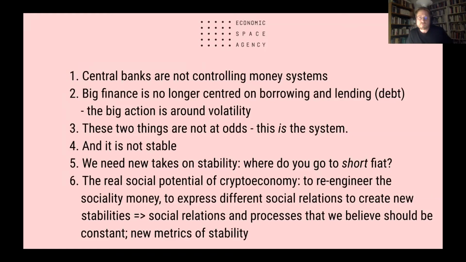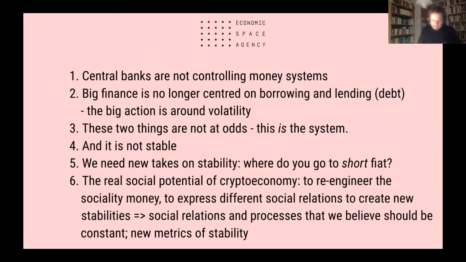What happens if we start to focus on the potentiality to see the state's money as unstable by its own historical conventions? Who makes the call what is stable, and in whose interest is that call made?